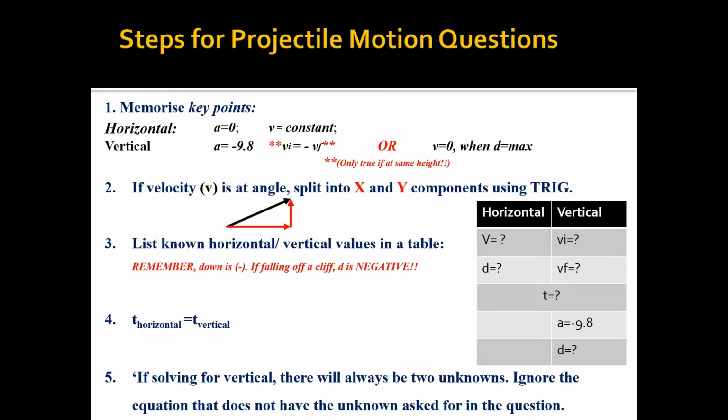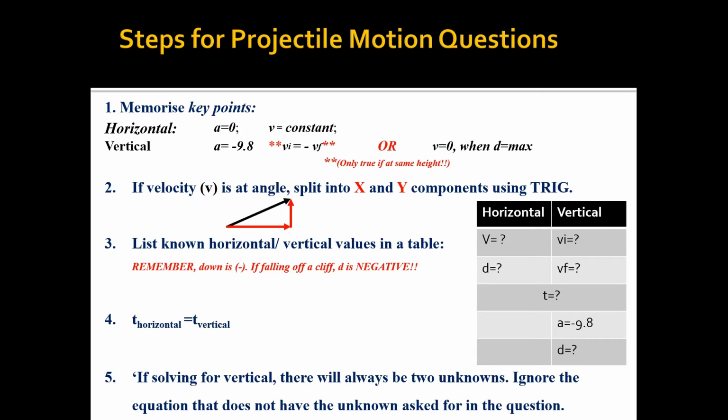Key to solving problems involving projectile motion is to recognize that we're going to have 5 unknowns in the vertical, and we're going to have kinematic equations which will always include 4 of these 5 unknowns.